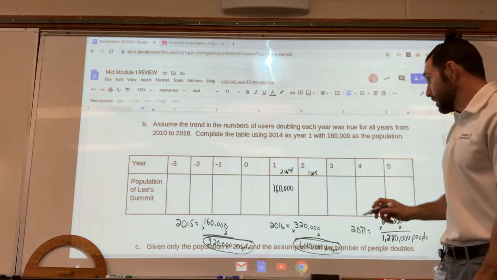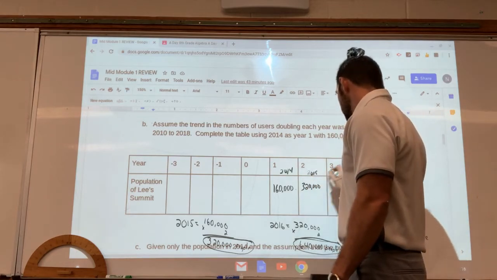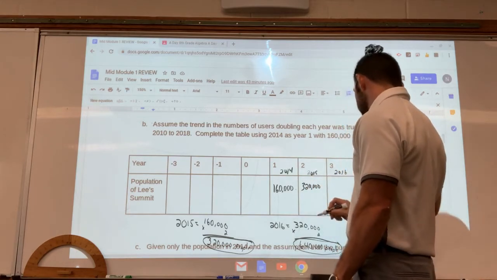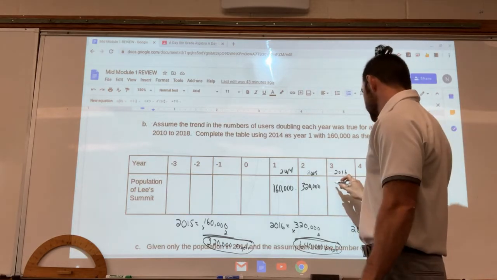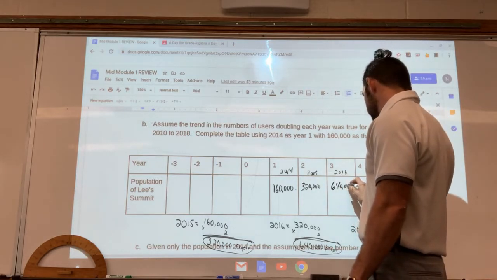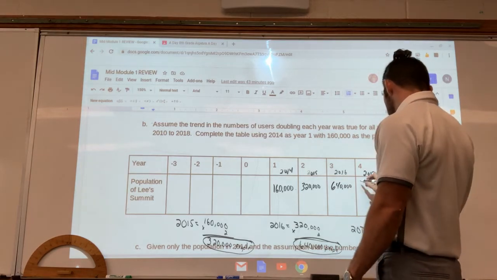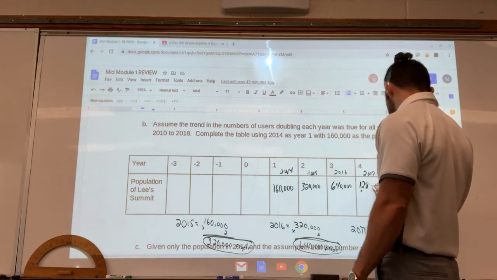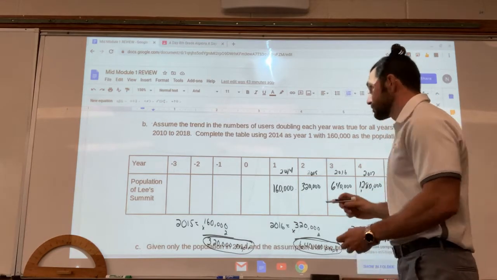And this is going to be 320,000. Year 3 is 2016, right? 2014, 2015, 2016, 2017. This is going to be 640,000. This is 2017, and this is 1,280,000. Oh, year 5 is 2018.